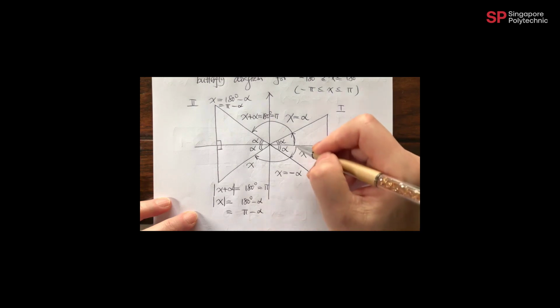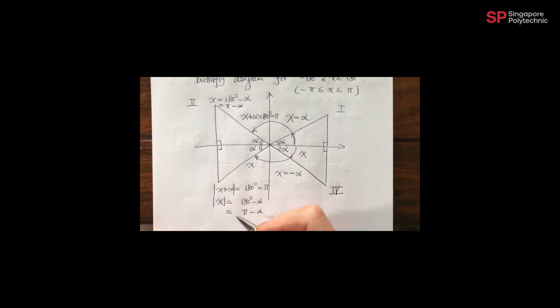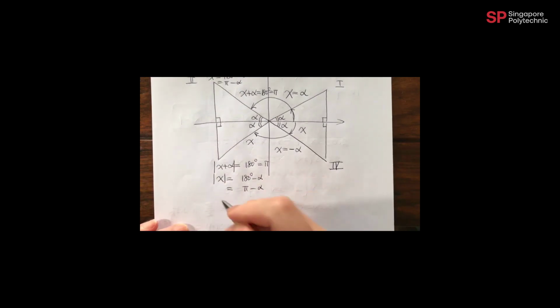This is a positive answer. But we rotate the angle in clockwise, meaning x must be negative. So if I remove the magnitude and want to show it is a negative angle, I must write x equals negative bracket 180 degree minus alpha, or negative bracket pi minus alpha.